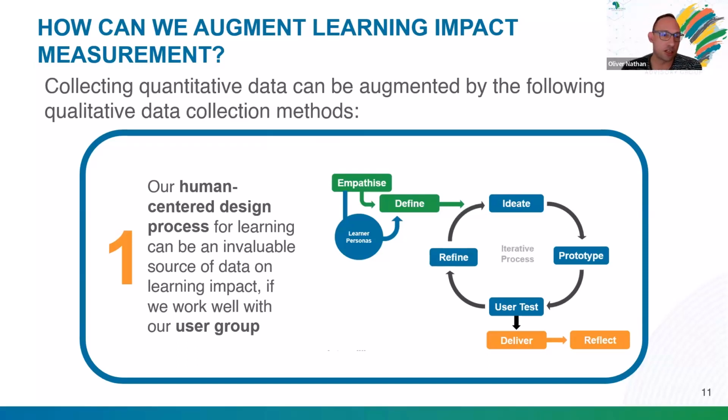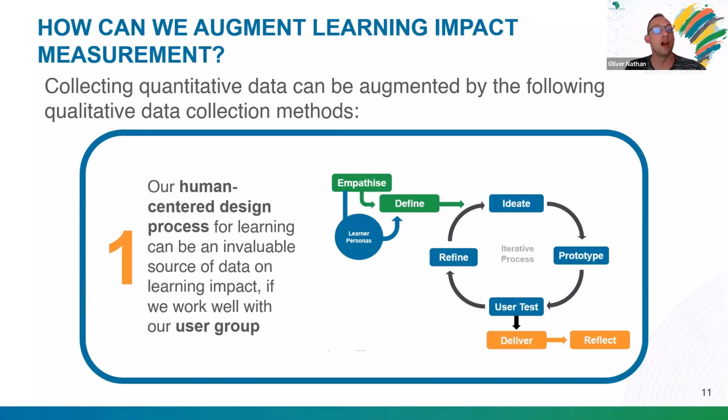So in the last session that we had together, I showed you this particular model, right? This is using design thinking to help us design learning programs. At the ideate, prototype, user test, and refine phases, there are opportunities for us to collect really rich qualitative data from respondents who are on the program, to be able to understand if the program in its current form, if the training in its current form is really working for them, and are they more effective at doing their jobs.